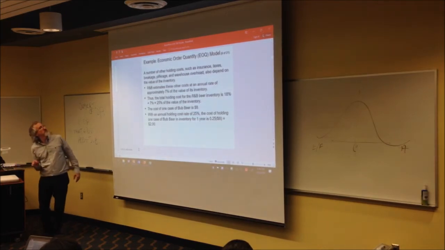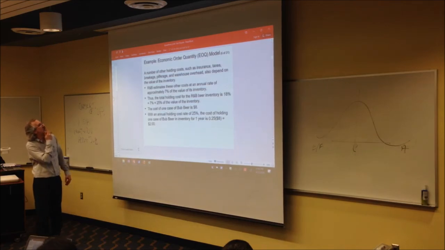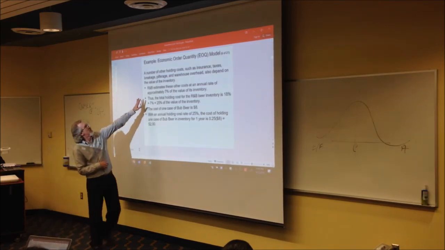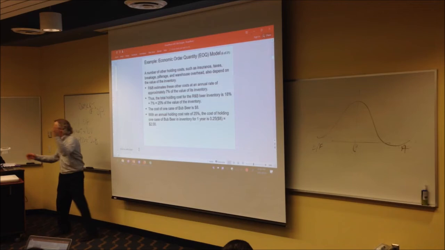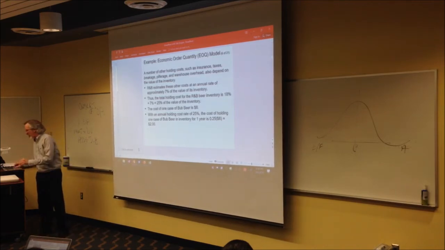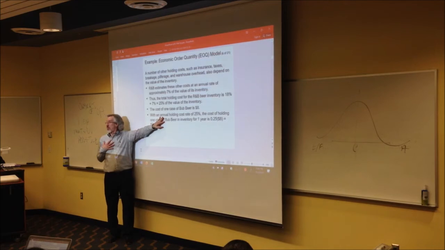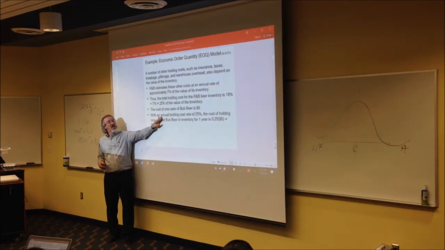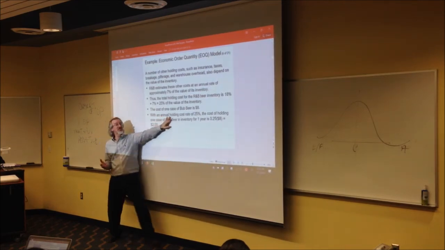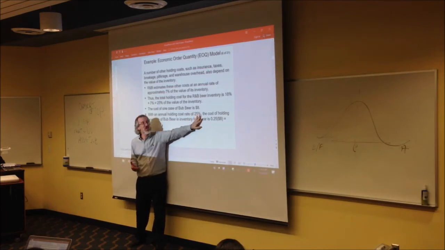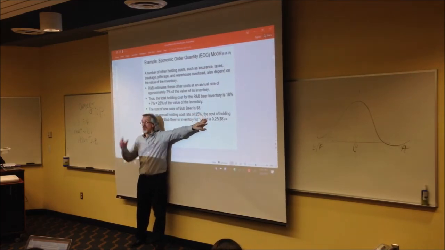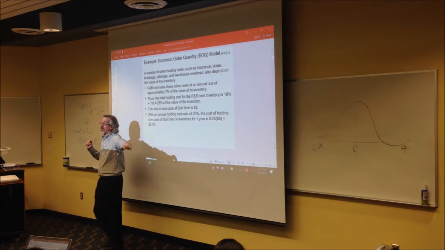But they estimate, adding all holding costs, what's involved, and it all comes down to, after we do all the calculations, if this is the problem on your quiz or homework, it will say the annual holding cost is 25% of the cost of one item for a year.